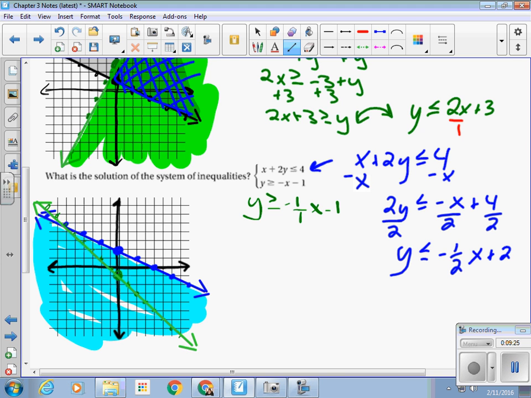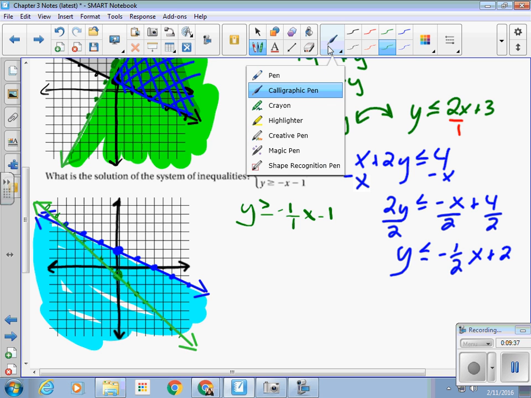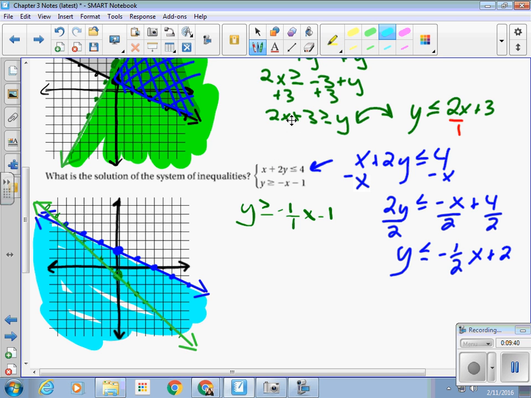And then I want all of my y's above or bigger than my line negative x minus 1. So I'm going to shade everything above that line.